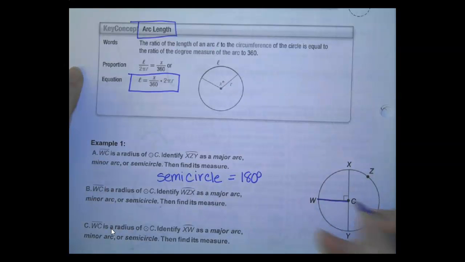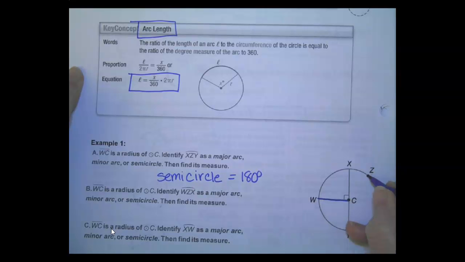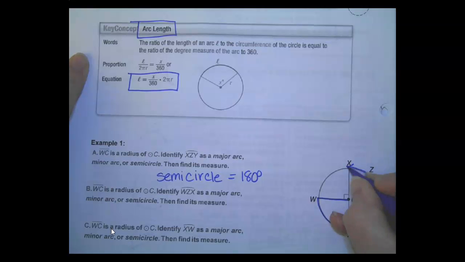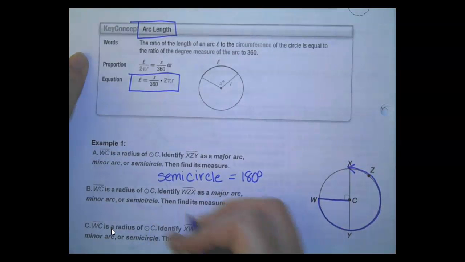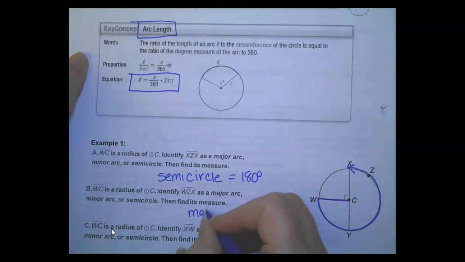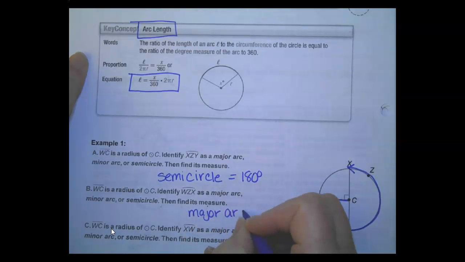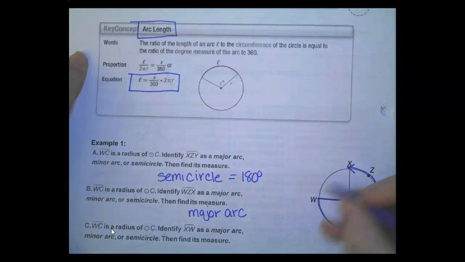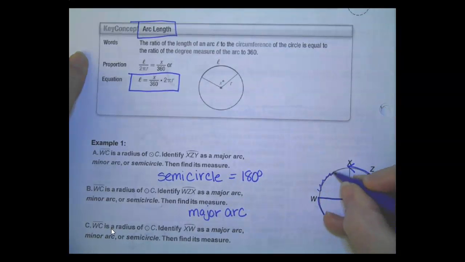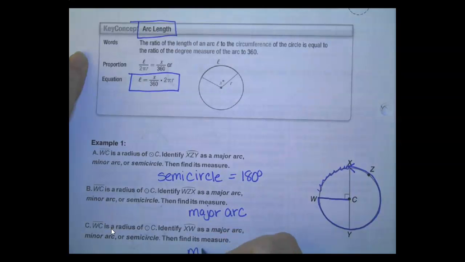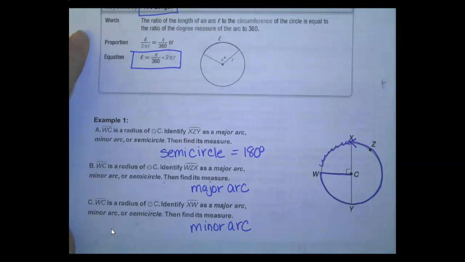WC is your radius, right? WZX. So you've got to follow this as it goes. So it's W, Z to X going that way. That's going to be your major arc. And then XW, so just this little guy, it's going to be your minor. So far, so good.